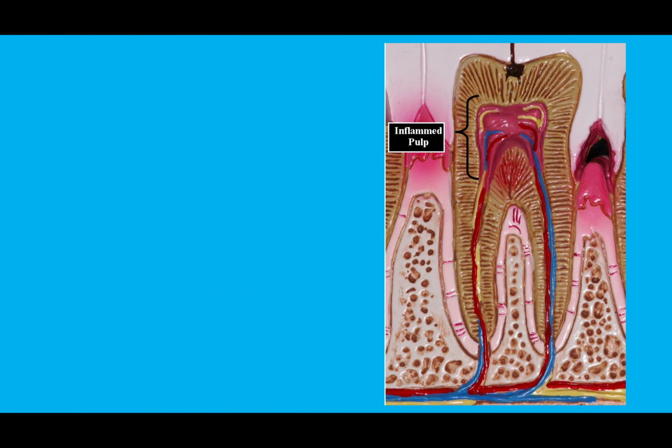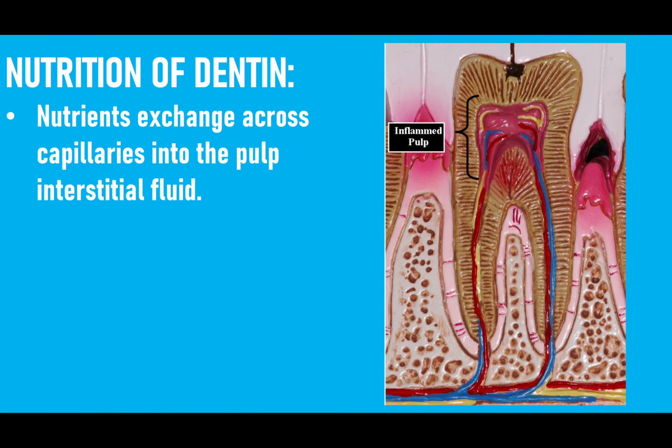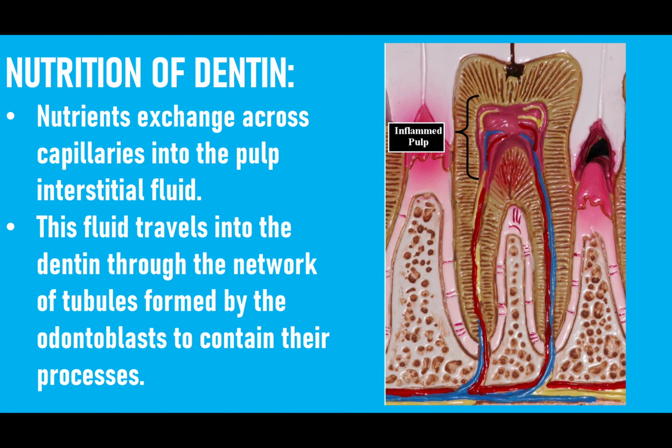Number second function of dental pulp is nutrition of dentine. Nutrients exchange across capillaries into the pulp interstitial fluid. This fluid travels into dentine through the network of tubules formed by odontoblasts to contain their process.